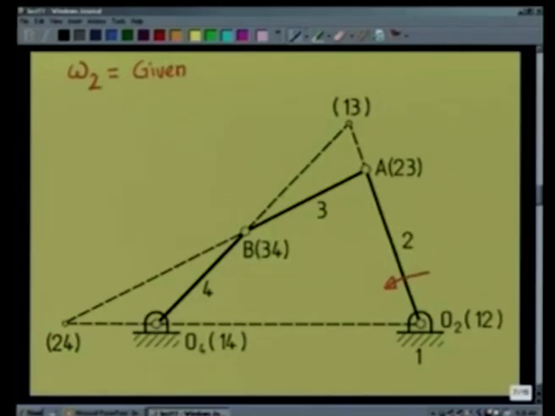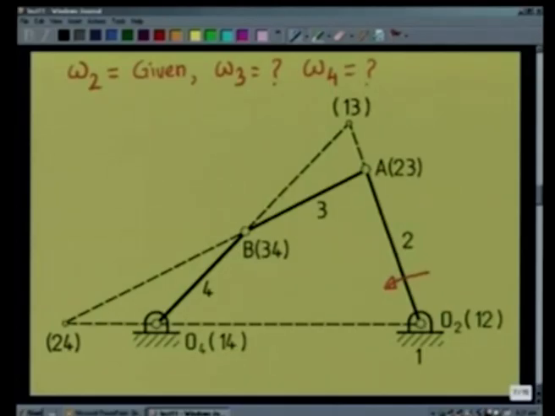So at this particular configuration, if omega 2 is given, the question is what is omega 3 and what is omega 4? Obviously, this will be true only for this particular configuration.